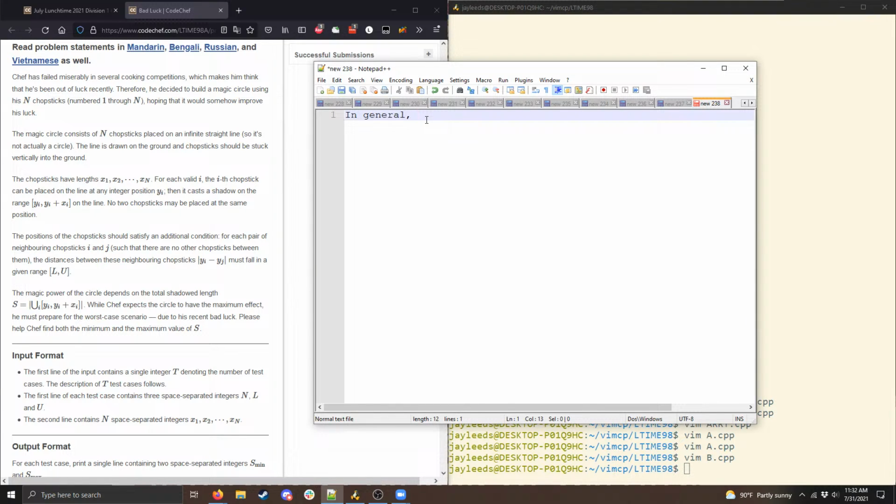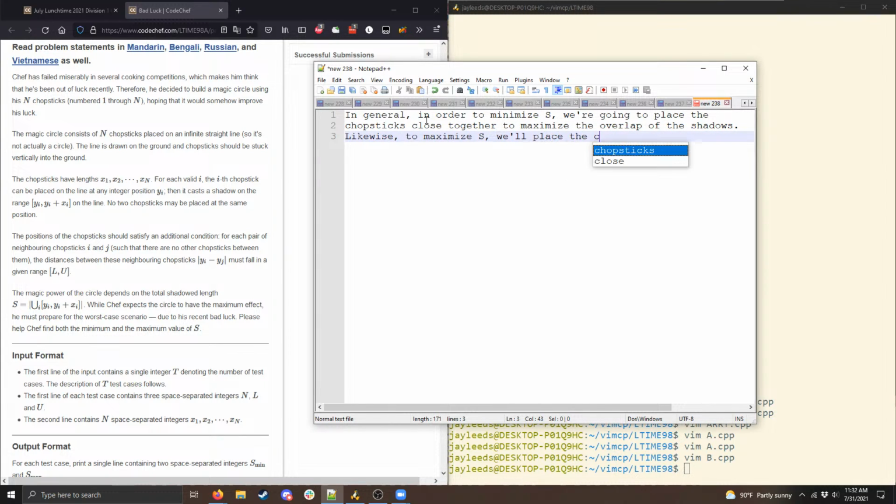Okay. So in general, in order to minimize S, what we're going to do is place the chopsticks close together to maximize the overlap of the shadows. And likewise, to maximize S, we'll place the chopsticks far apart to minimize the overlap of the shadows.